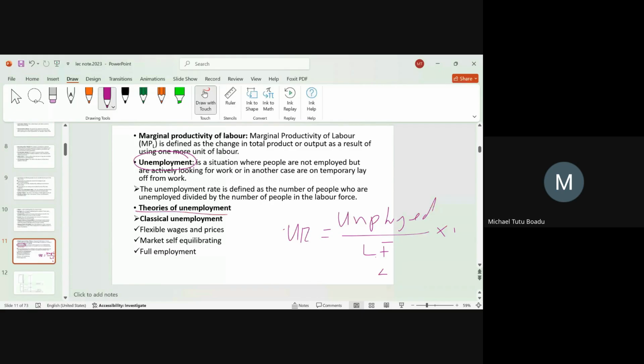Some theories of unemployment, we have the classical unemployment theory. The classicals, as you've learned in principles of macroeconomics, believe that every economy at every point in time in the long run is at full employment.